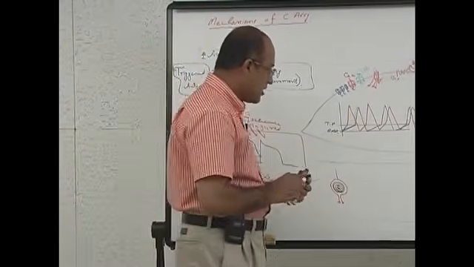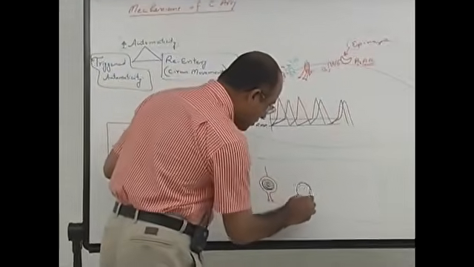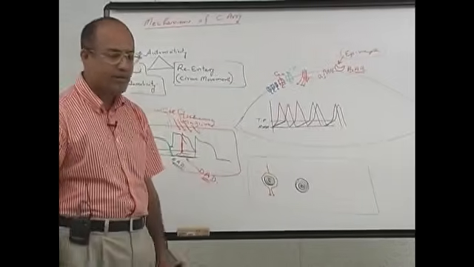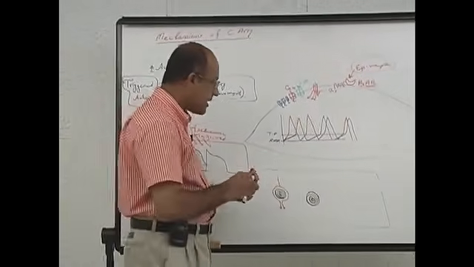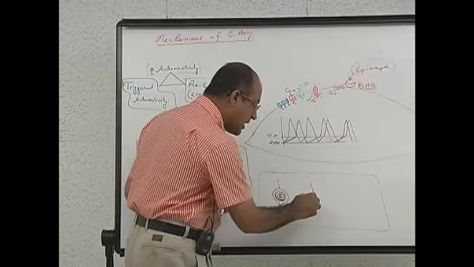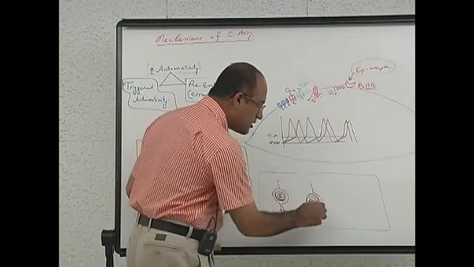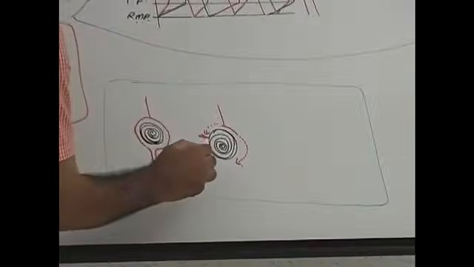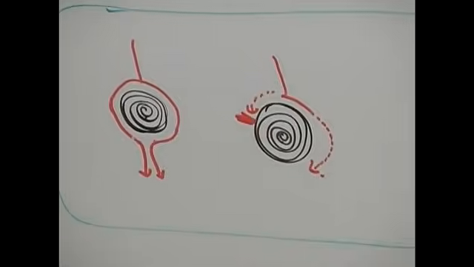Now, suppose we take another example. This is another area in the heart and it has a scar, and electrical current comes to this area. On one side it moves well, and from the other side it cannot move. There is a block.